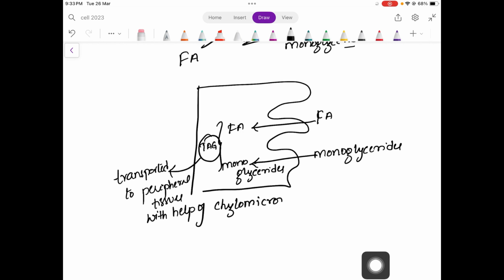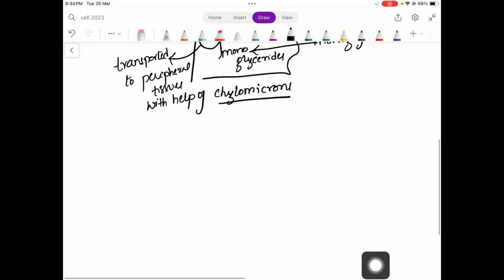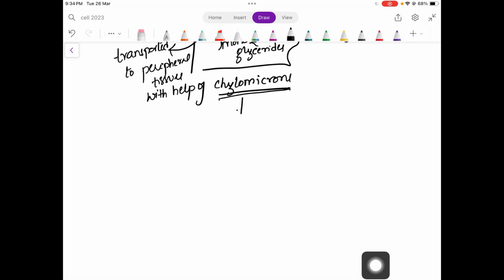These chylomicrons will have an apoprotein, that is B48, ApoB48.